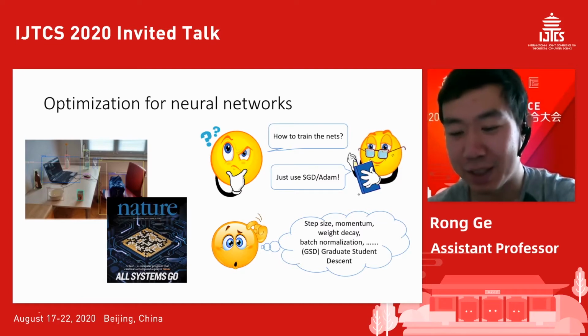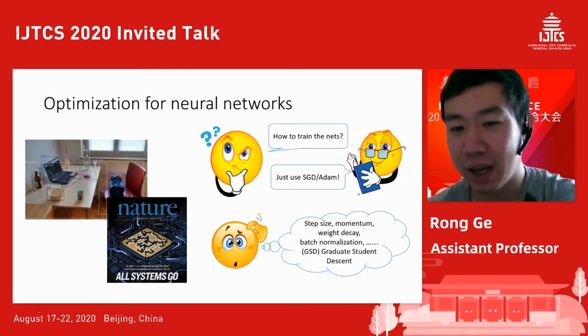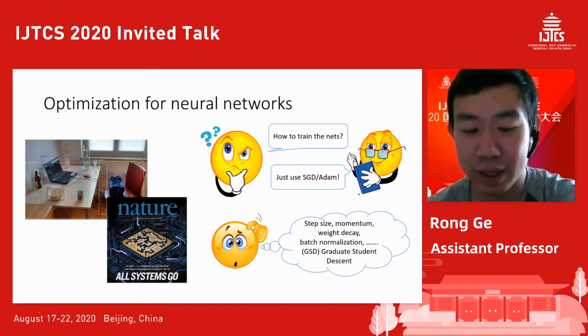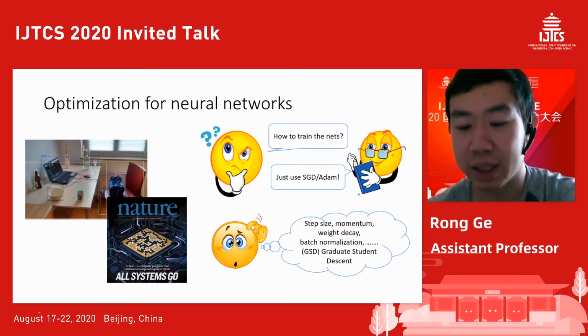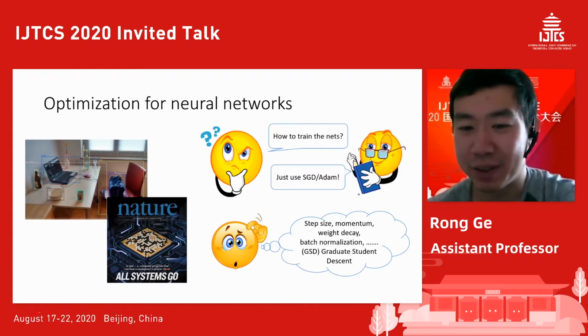People sometimes call this procedure the graduate student descent. It really takes a lot of time from graduate students to search for all the parameters in order to find a parameter for the training algorithm to correctly train the neural networks for a new setting. And after doing this for a while, as a graduate student, you might not be very happy about it.